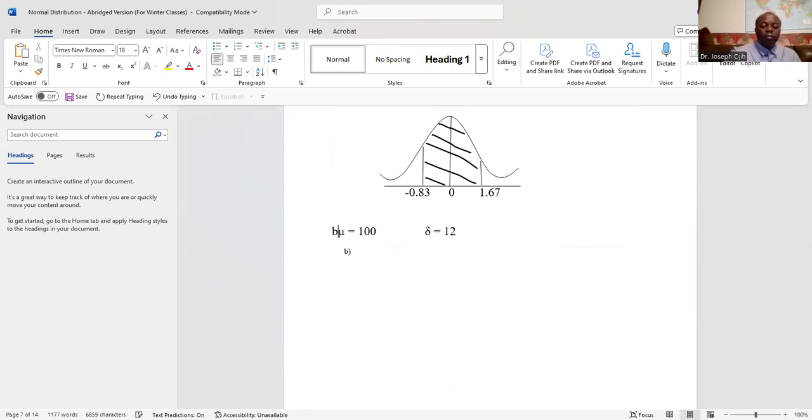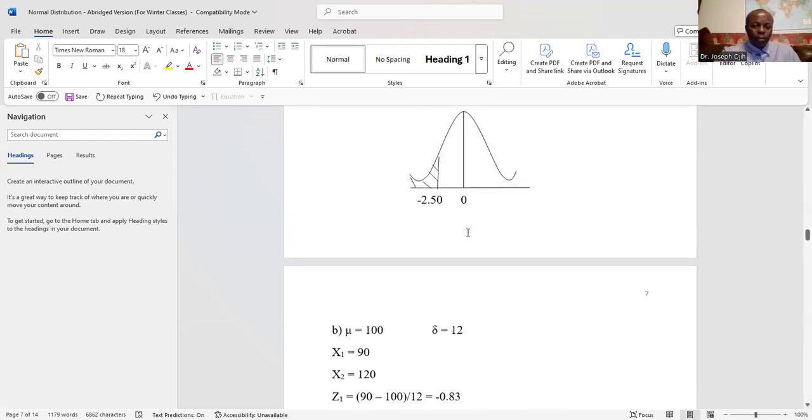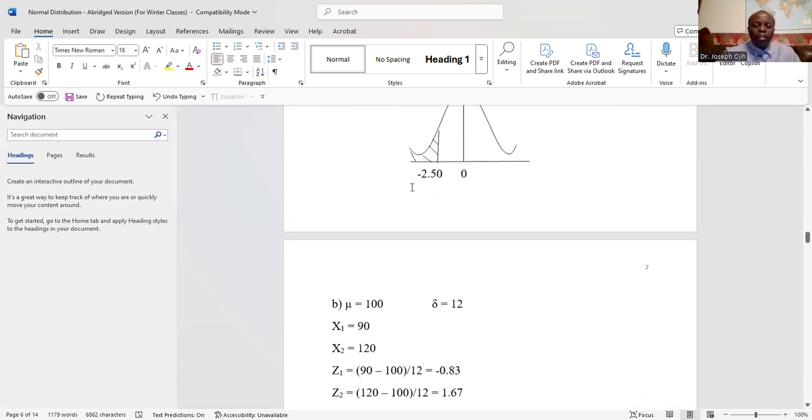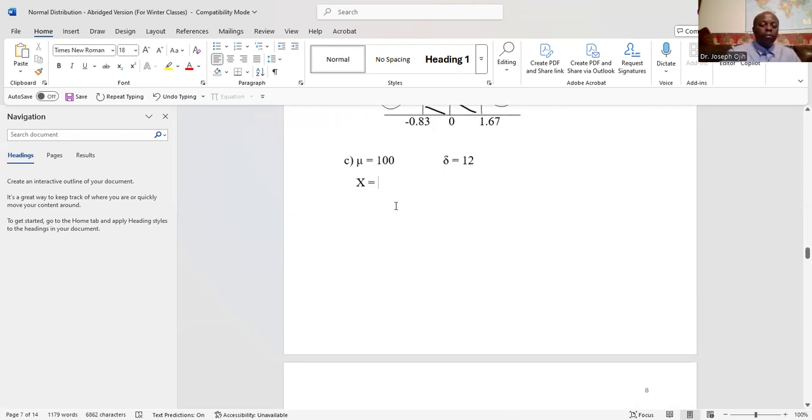In this case, it says more than $140, so X is 140.